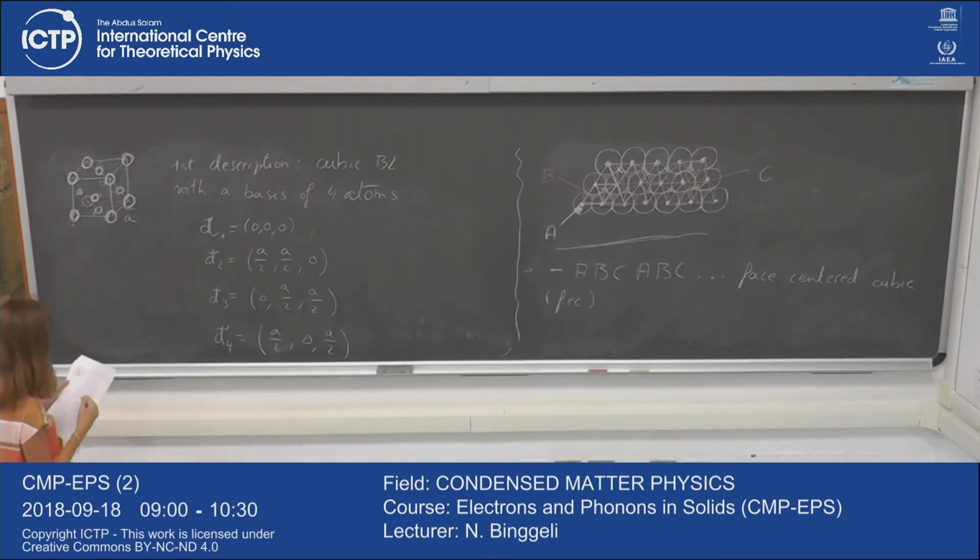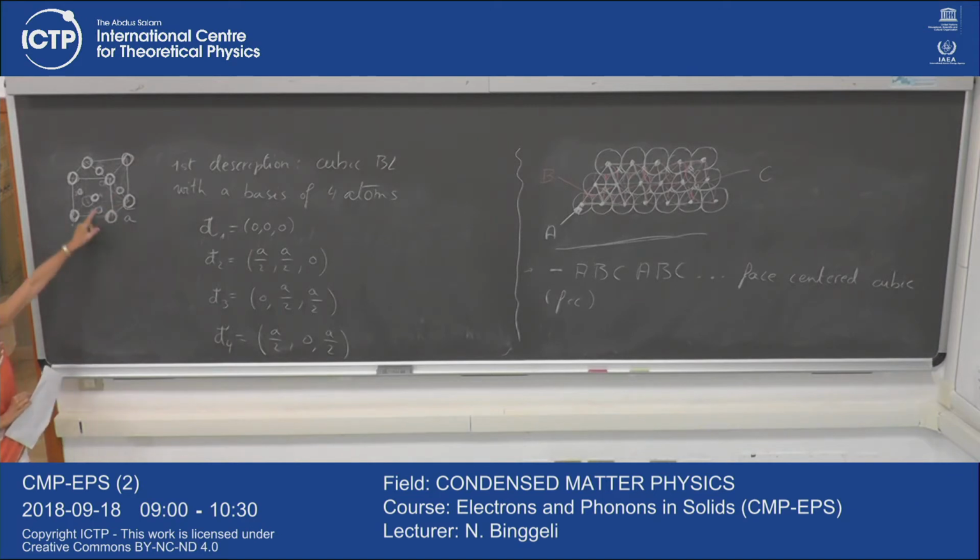So this is the conventional description of the FCC lattice. I have a cubic lattice with basis primitive vectors a1, a2, a3, and I have 4 atoms in the basis, this one, this one, this one, this one, with these vectors given here. So with this, I generate the full crystal structure.